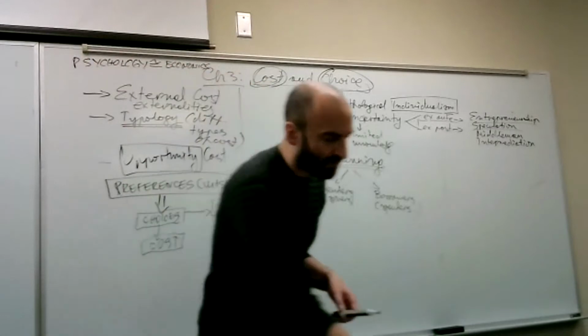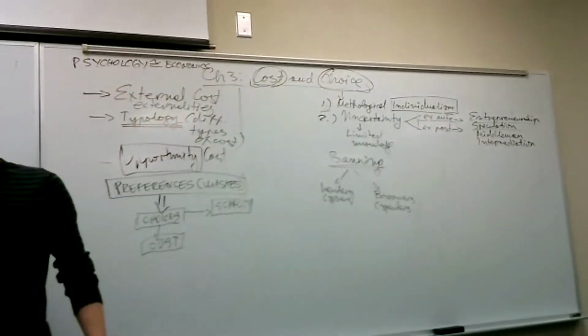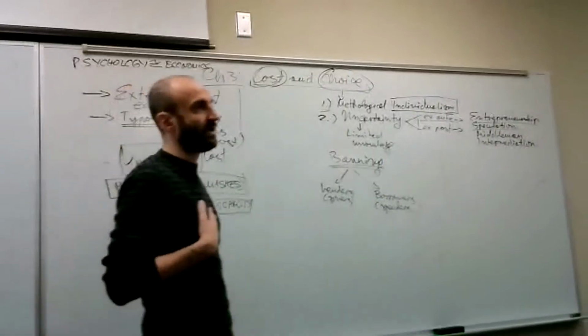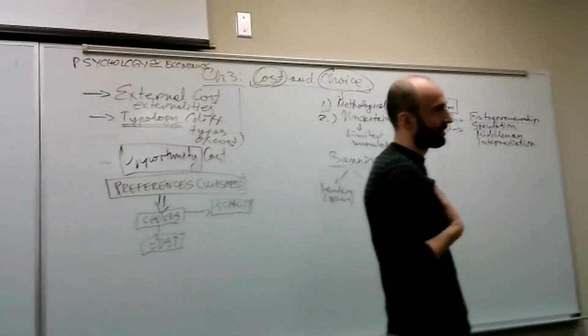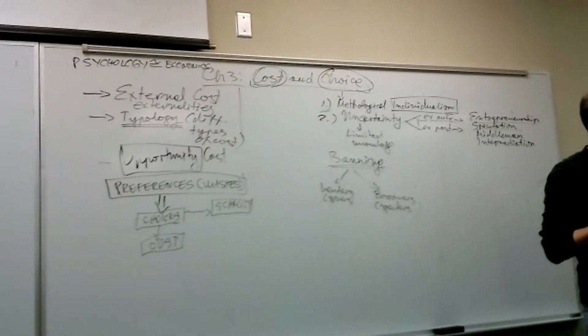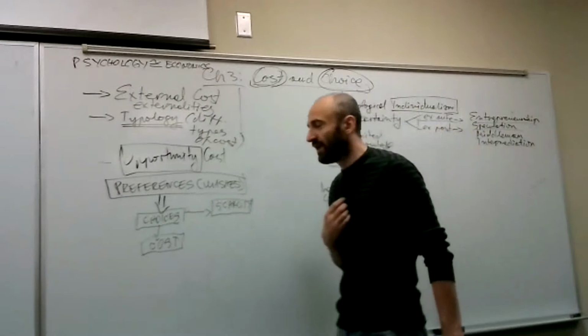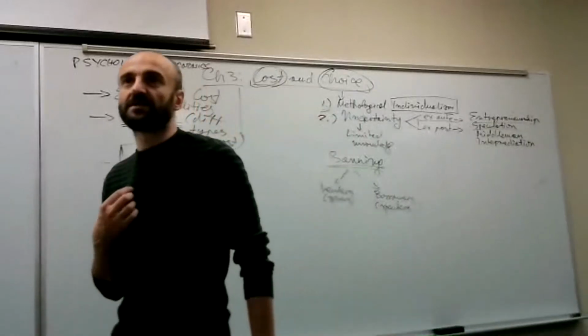Okay, so we will be coming back to this problem of uncertainty and risk all the time. This is one of the key problems in economics. If we knew the future, then the economic problem is very simple. If we could predict what's going to happen in the future, we wouldn't need a free market system at all.